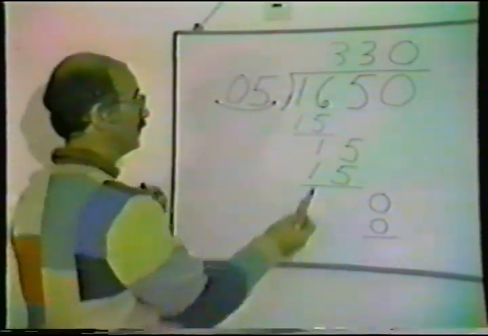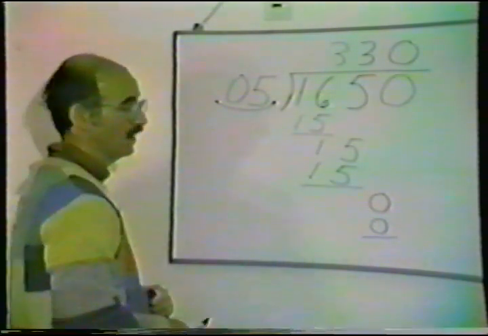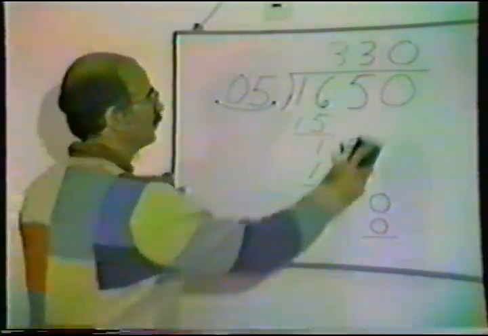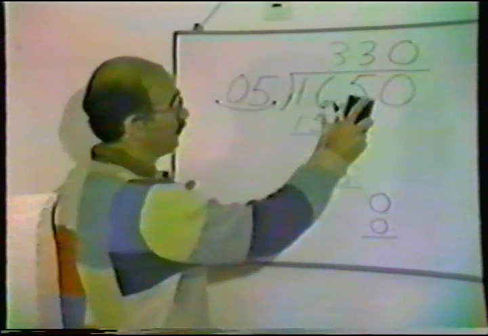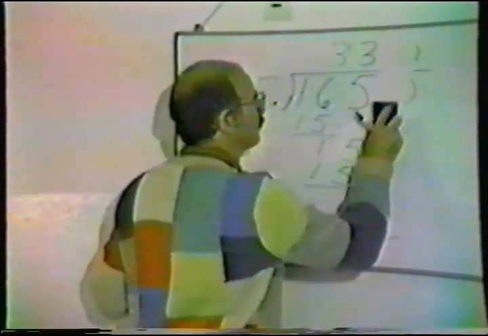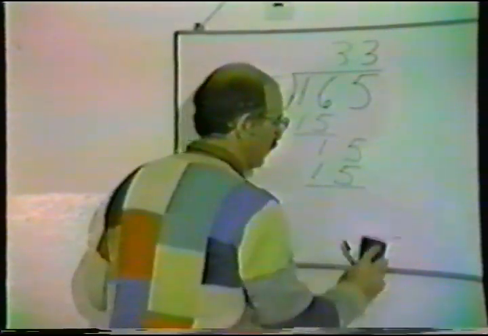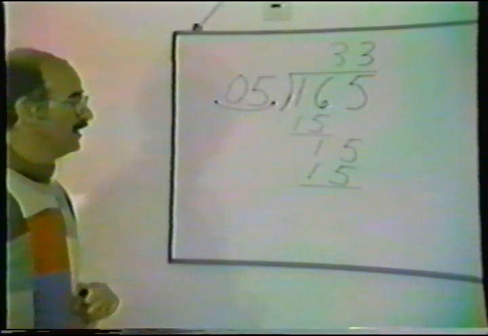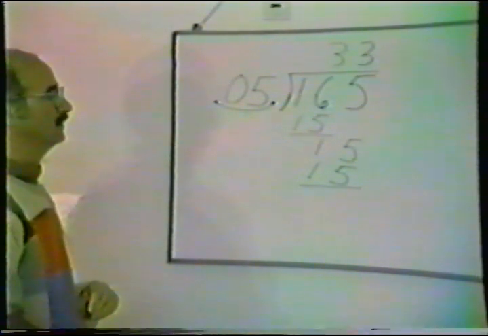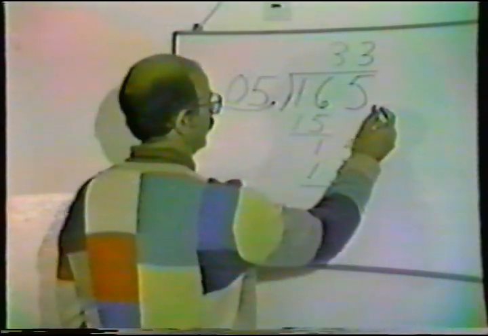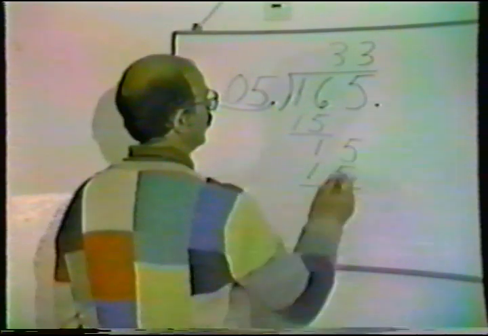Well, I need a decimal point in this number. Where do I put it? We're going to start like that. Where's the decimal point? At the end, on the right.